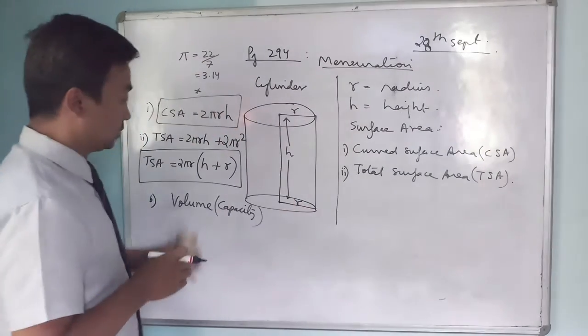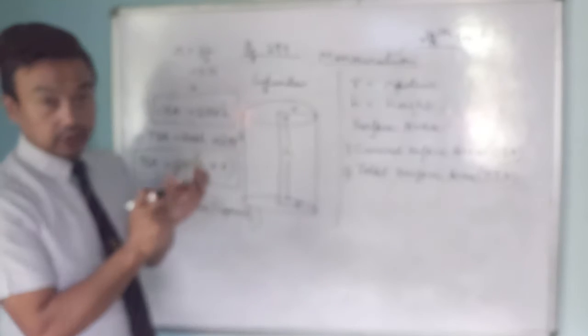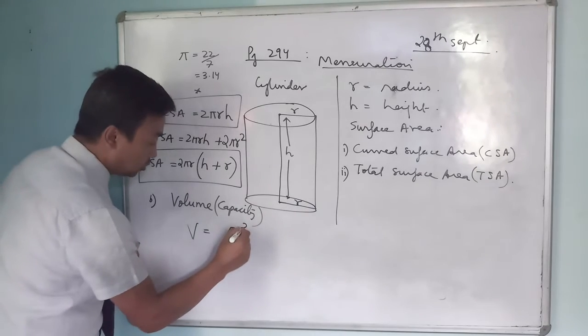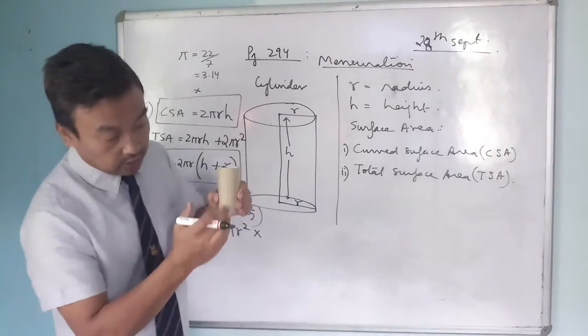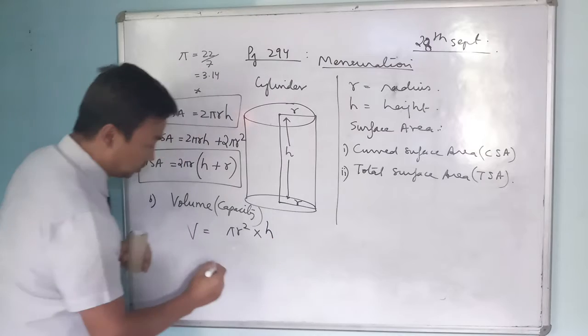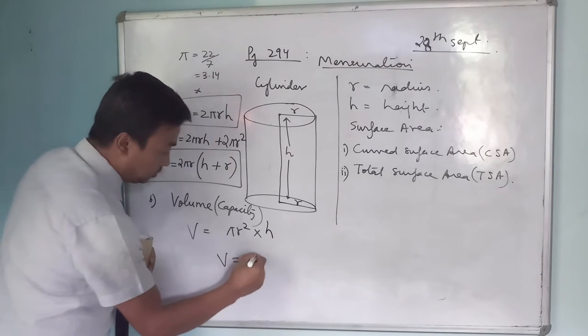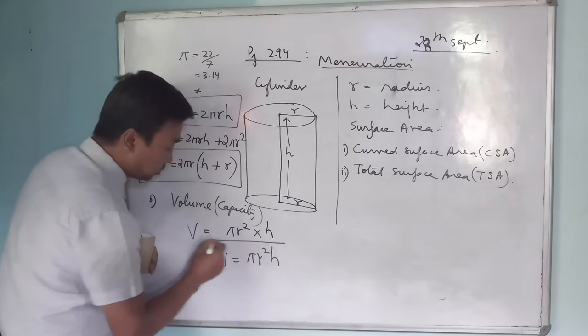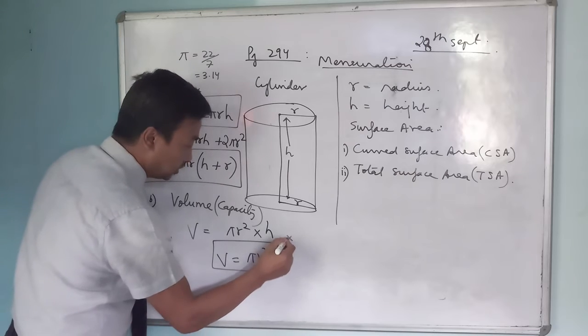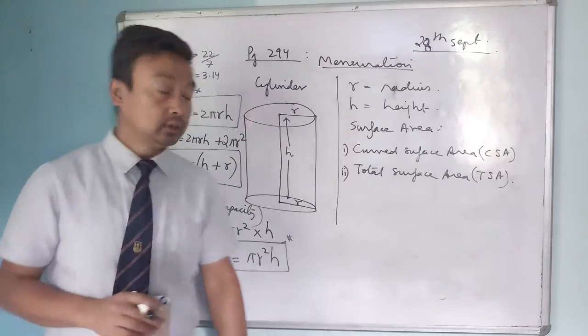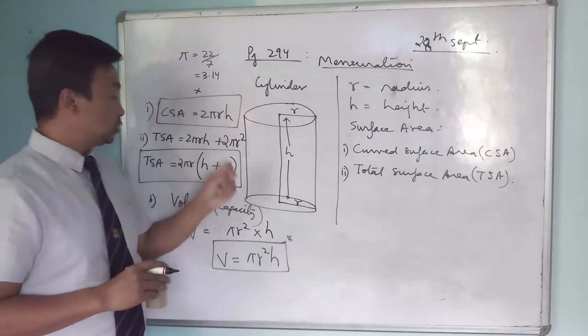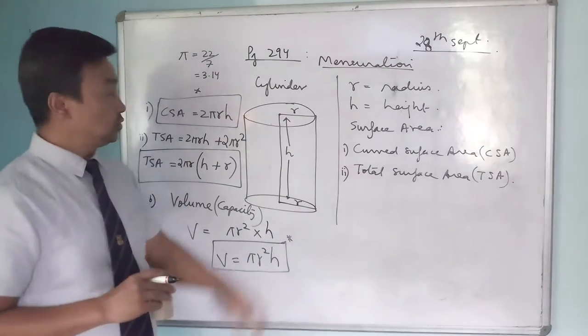If you look here, what is the area of the base? It is a circle. So volume is given as pi r square. You take only one base, into what is the height? The h. Therefore, the volume of the cylinder is pi r square h. So this becomes your formula for the cylinder. In the cylinder, these three formulas are very, very important.